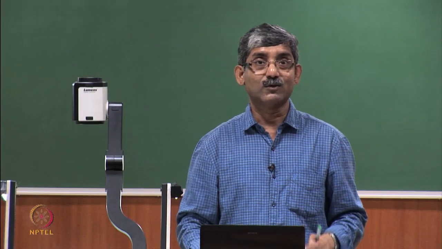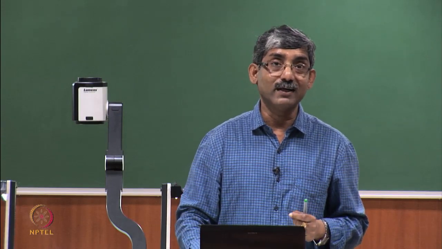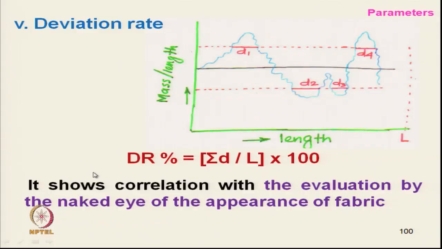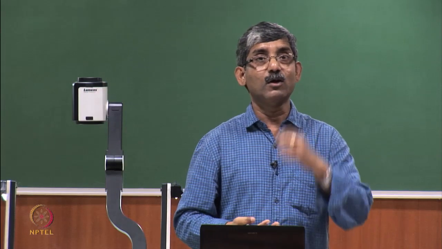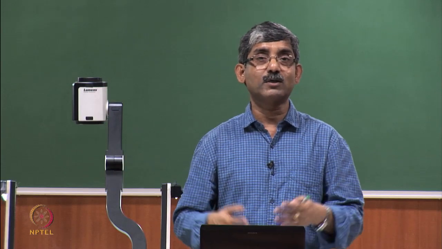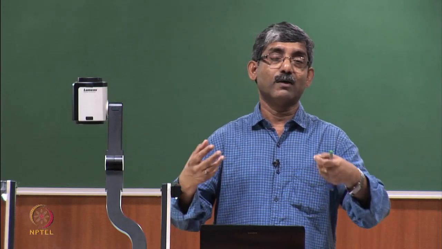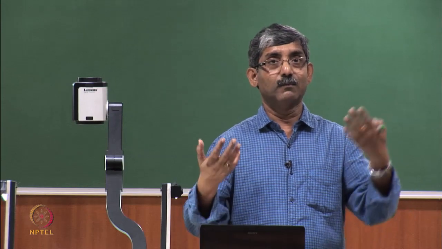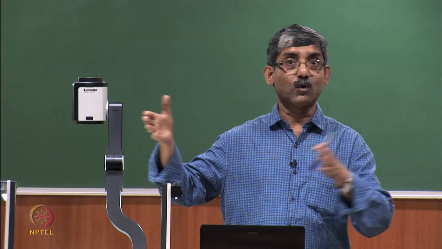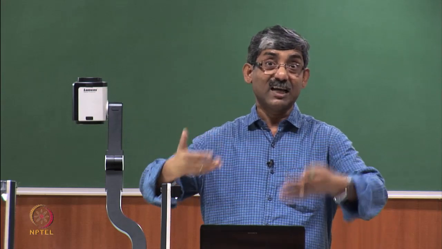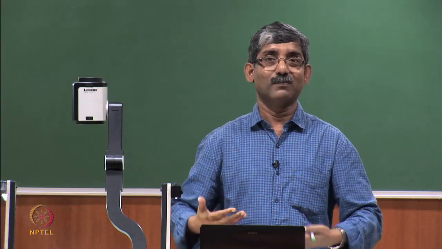So, DR percent will give an idea of the type of look the fabric will give. U percent will not give this idea, it will only say this fabric will have an inferior look, but DR percent will give the total idea of the thick portions which will come up in the appearance.